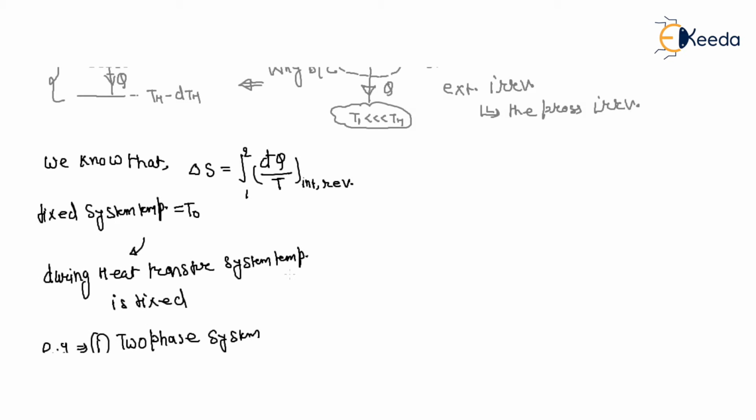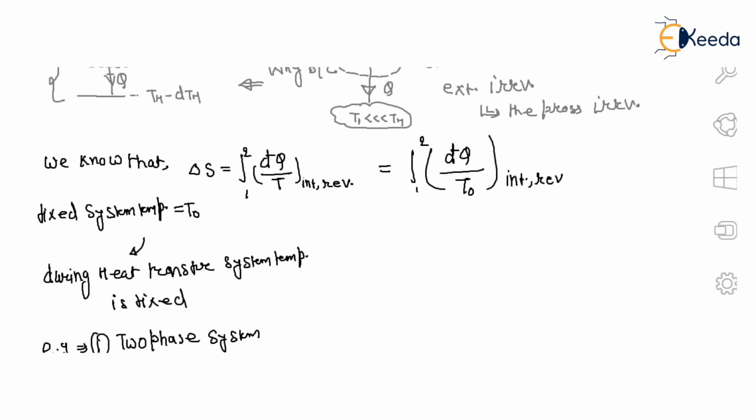So the integral from 1 to 2 of dQ by T naught, and this T naught is fixed, so we take it out of the integral, leaving the integral of dQ.